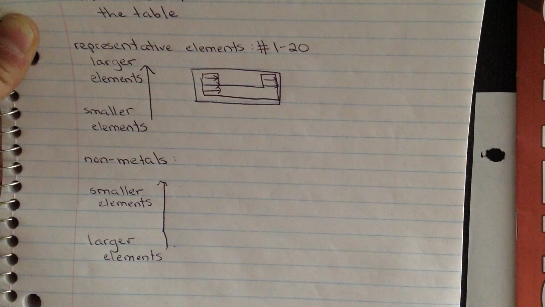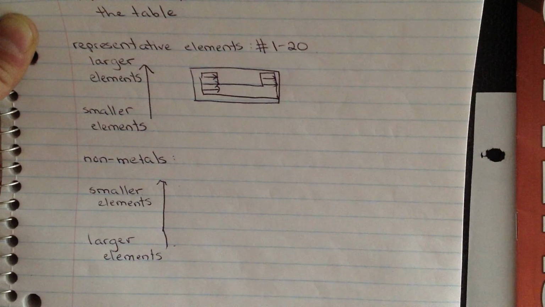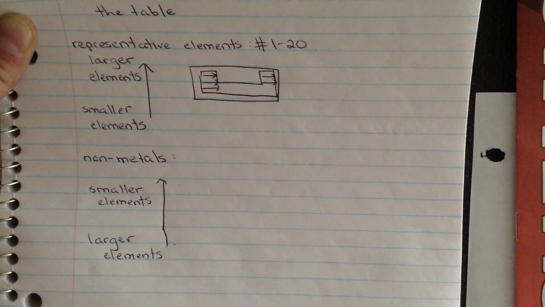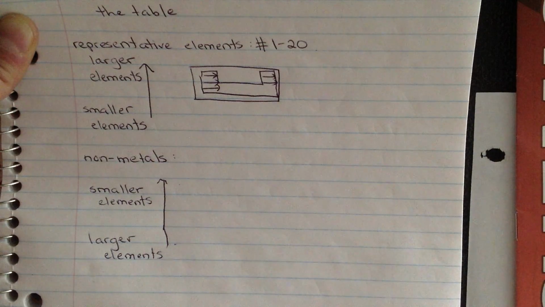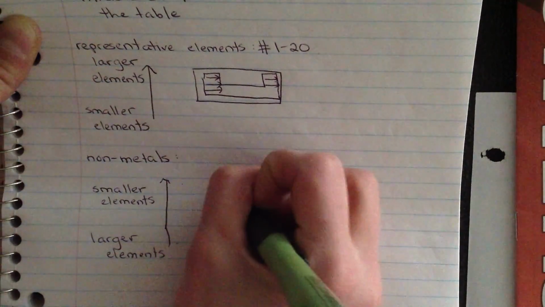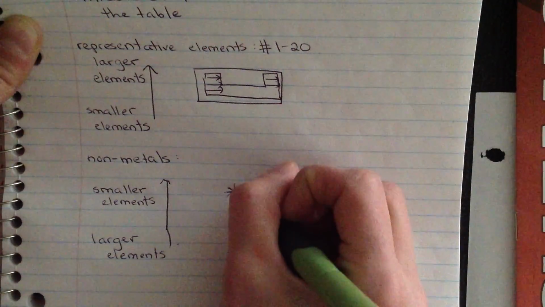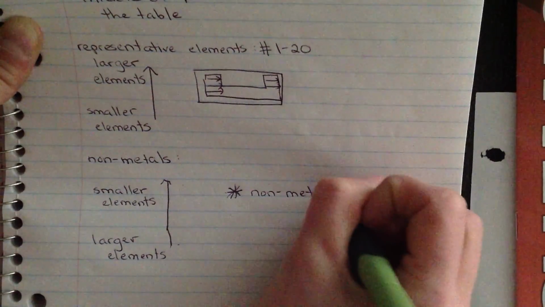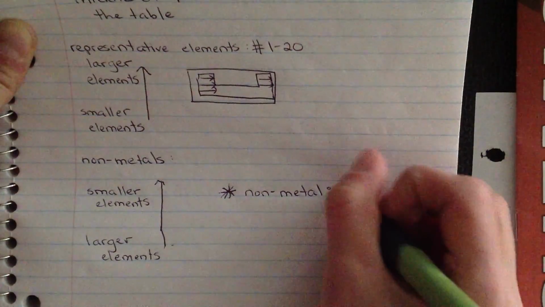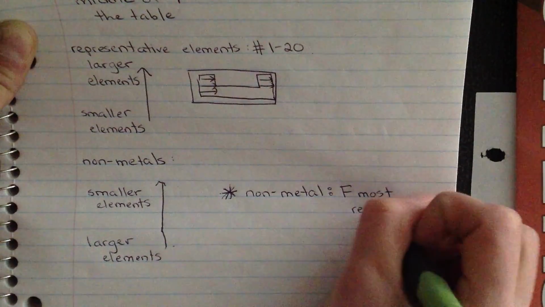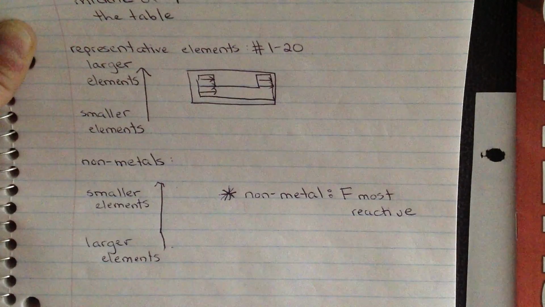So in that case, you have to combine some of these rules: the smaller that you are, the more reactive you are if you're a nonmetal, but then you can make predictions as to how reactive something's going to be based on its location in the periodic table. So fluorine is the most reactive. Everybody probably wants to memorize that.